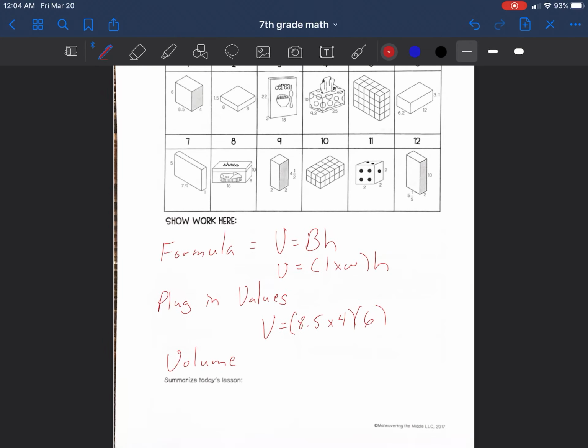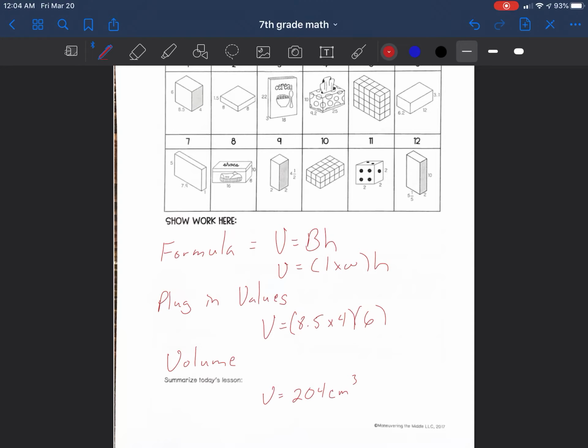So our volume will total 204. Volume equals 204 centimeters cubed.